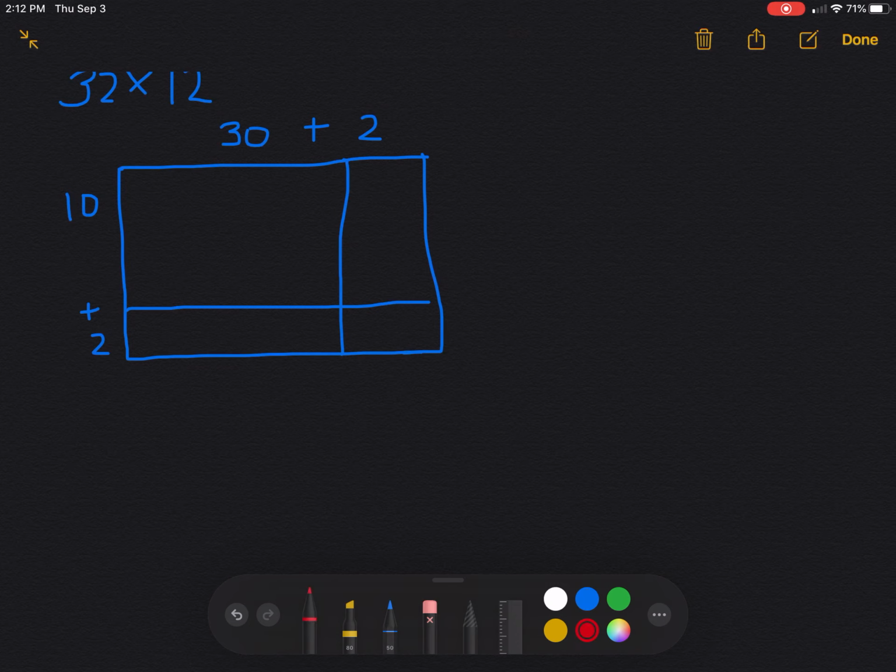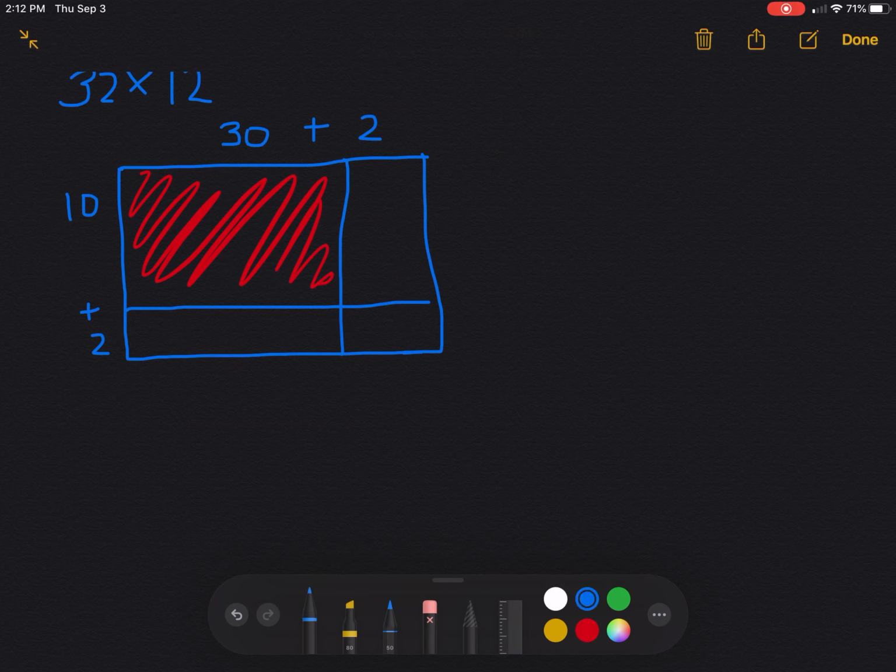So we're going to start off trying to find the area of this section. And if I look, this section has a length of 30 and a width of 10. So in order to find the area, I'm going to multiply 30 times 10. If I count by 30 10 times, I should get 300.